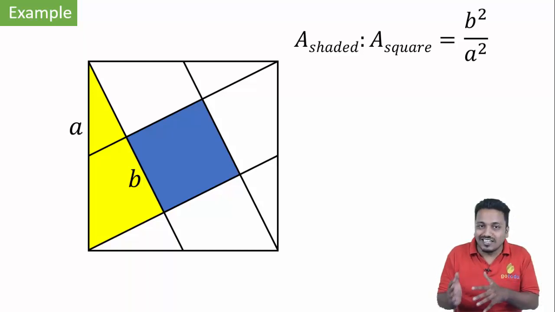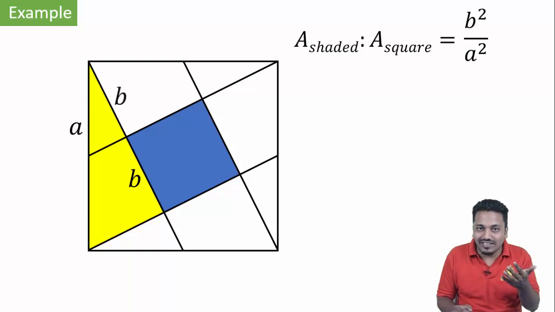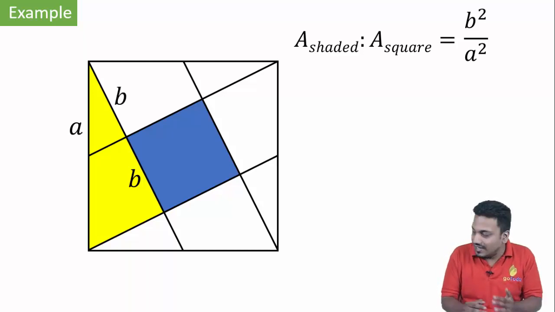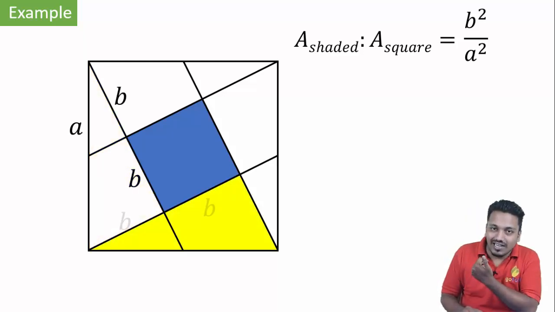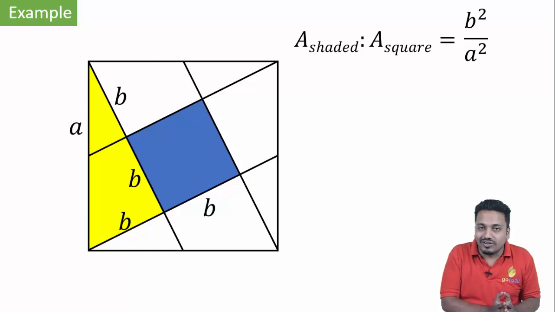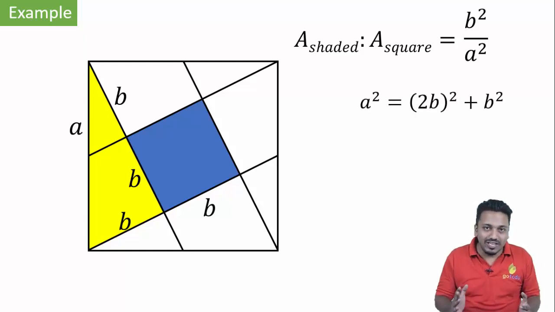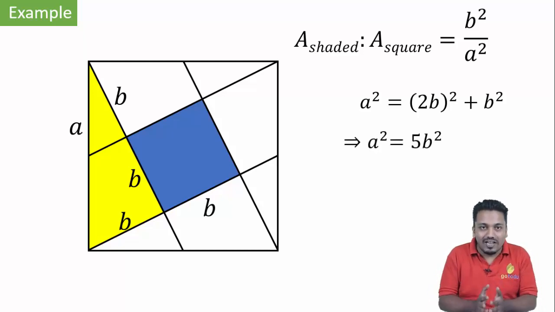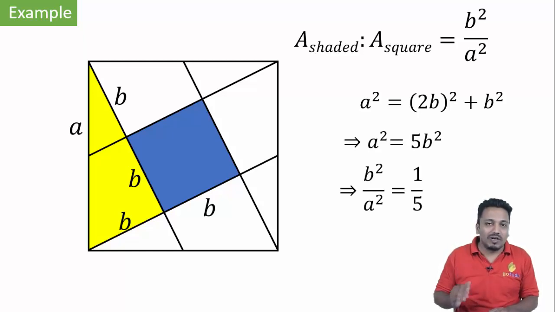So in the triangle's third side, upper half is also B, and by same logic in this triangle, we can mark length B. Again consider the previous triangle and apply Pythagoras theorem. A square is equal to 2B whole square plus B square. A square is equal to 5B square and B square upon A square is equal to 1 by 5.